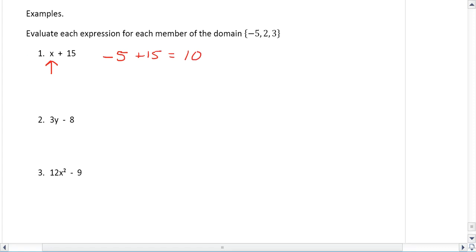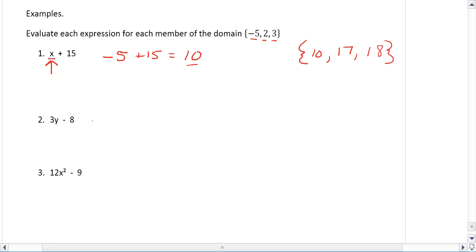And if I did that right, it's 10. So I'll put the set here of the range. The -5 is the input, the output is 10, so that's the first element of our range. The next element of the domain is 2, so we put in a 2 right here, and we get 17. Same thing with the 3, put the 3 in for the x, and we get 18. So we had an input and an output.